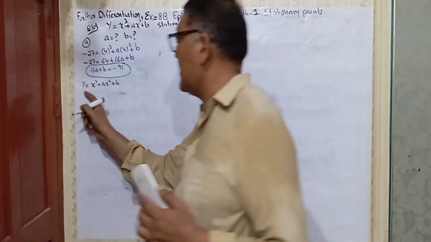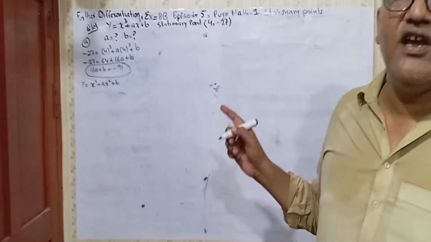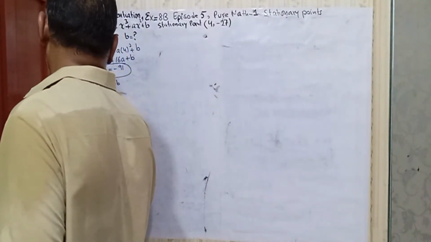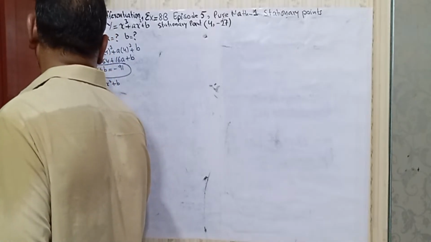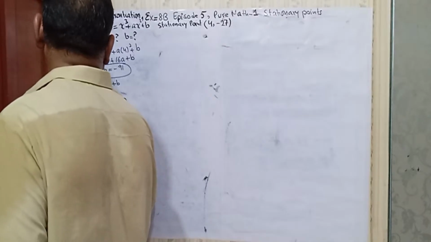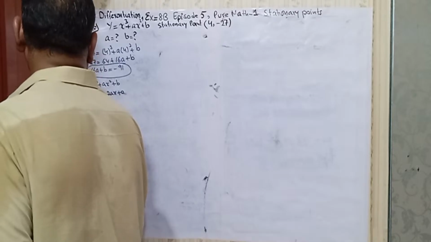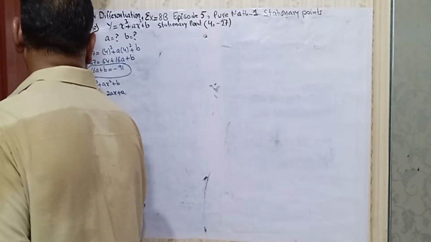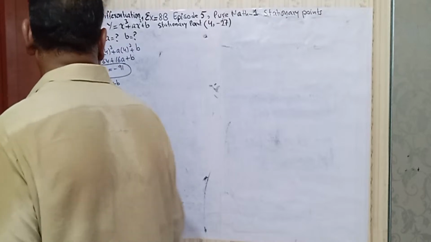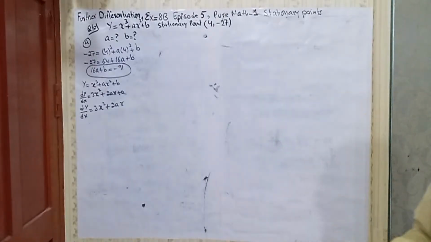So dy/dx will be equal to 3x squared plus 2ax plus 0, which is 3x squared plus 2ax, because b is a constant, so its derivative will be 0.